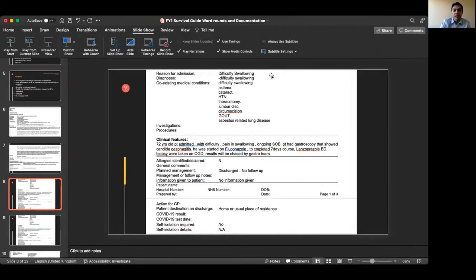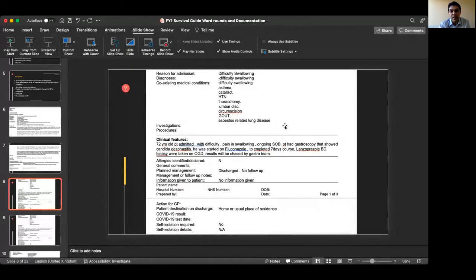I'll let you guys decide on that. In terms of past medical history, the author goes on to list different medical conditions this patient has. So again, difficulty swallowing, asthma, cataract, hypertension, thoracotomy, lumbar disc, circumcision, gout, and asbestos-related lung disease.